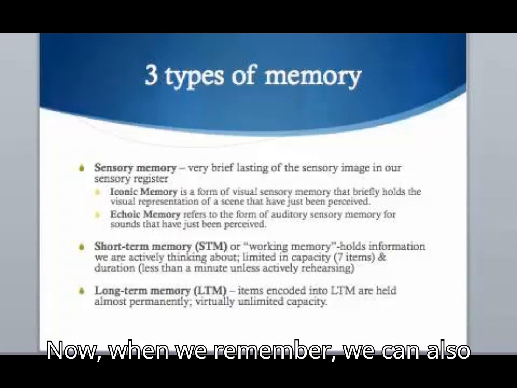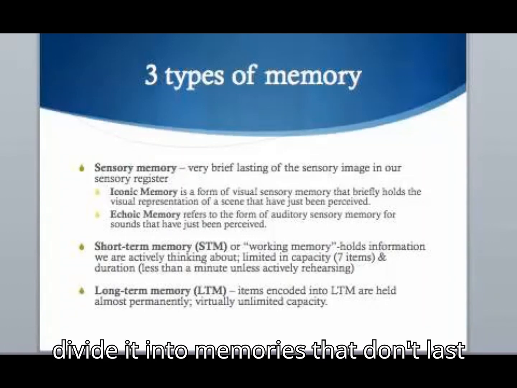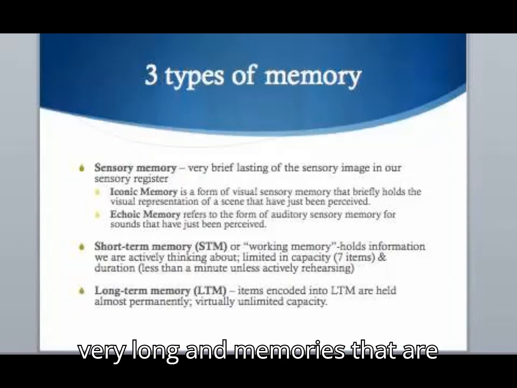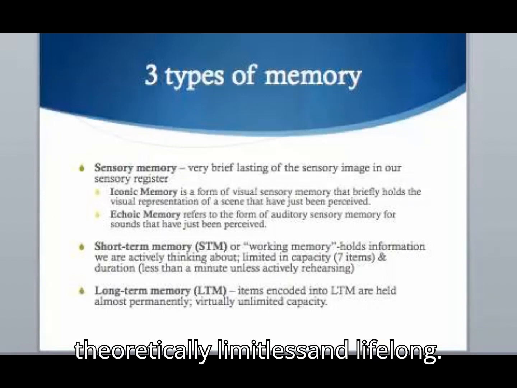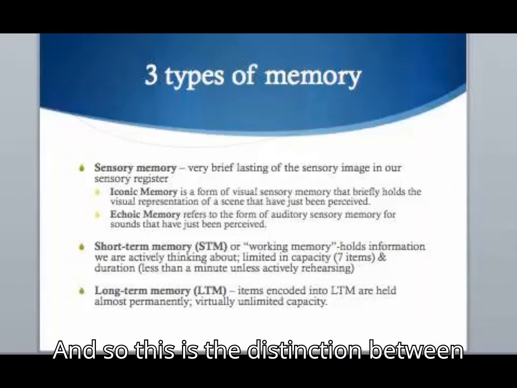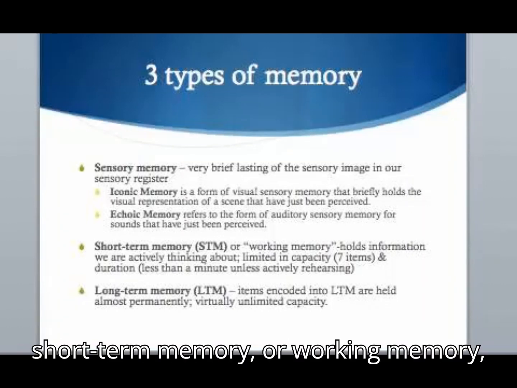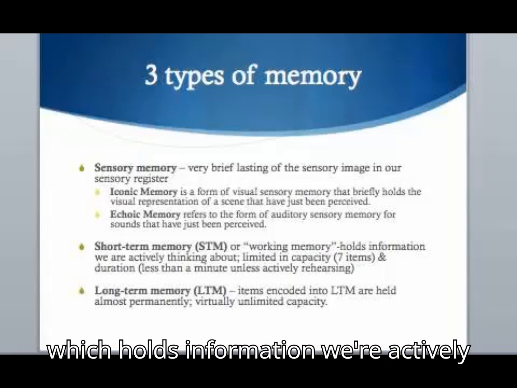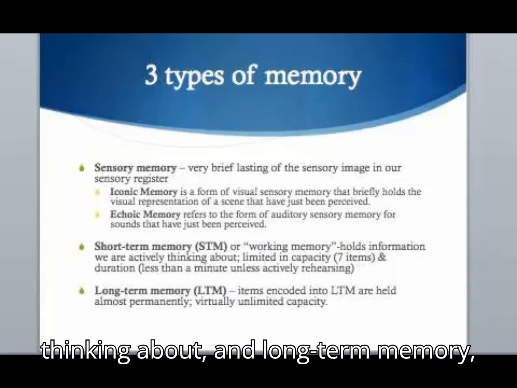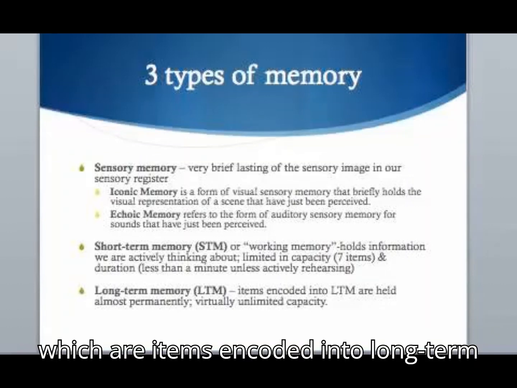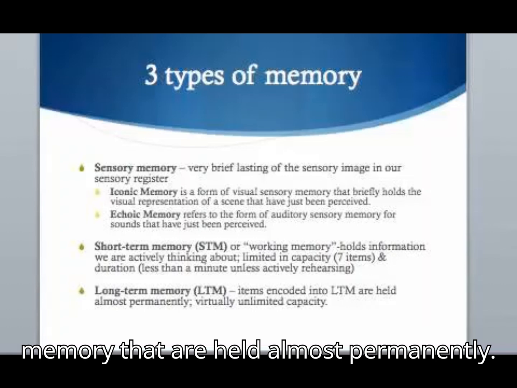Now, when we remember, we can also divide it into memories that don't last very long and memories that are theoretically limitless and lifelong. And so this is the distinction between short-term memory or working memory, which holds information we're actively thinking about, and long-term memory, which are items encoded into long-term memory that are held almost permanently.